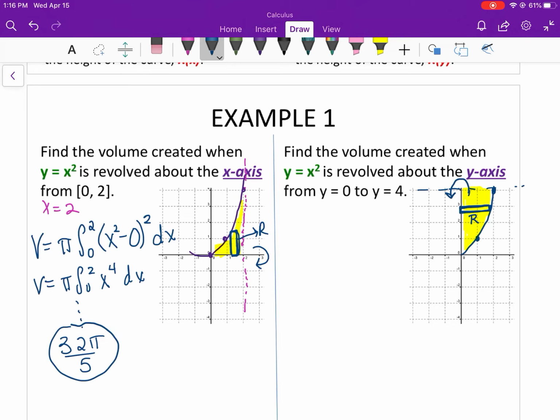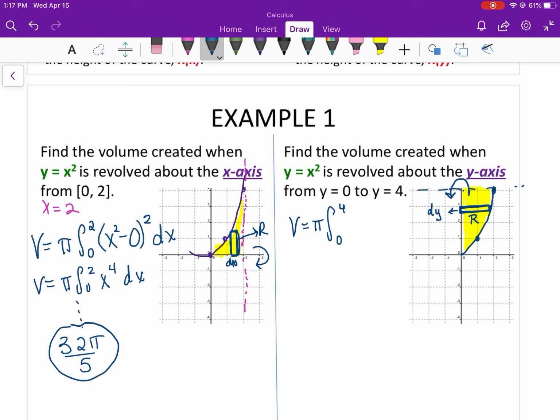This represents r. Because this is vertical, that's dy. Over here, that would have been dx. You get your rectangle by taking the right minus the left, and that's going to be your r. Volume is pi, and then you're going to go from the bottom to the top because you're doing vertical now.